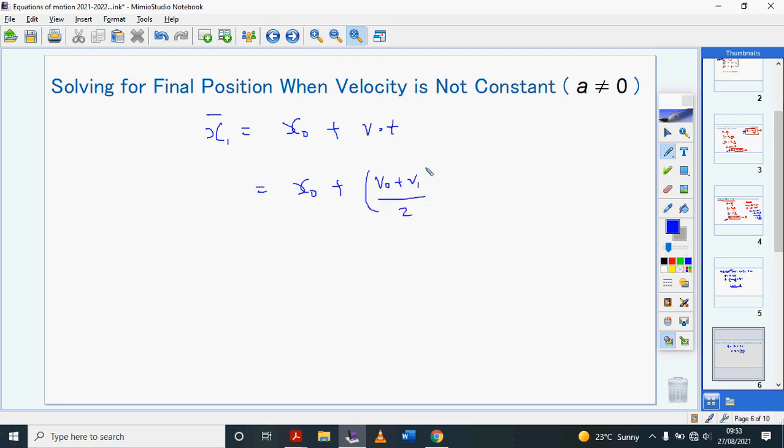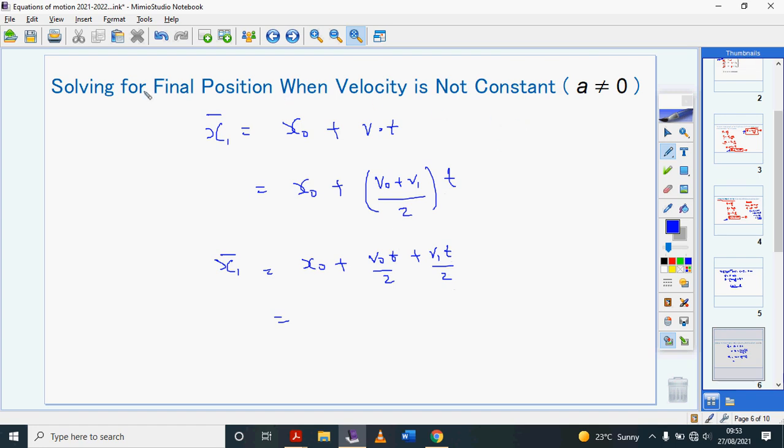And I'm multiplying that by t. So I have x0 plus, let's break this down and see what happens, v0 t over 2 plus v1 t over 2. Final position is equal to initial position plus v0 t over 2 plus v1 t over 2.